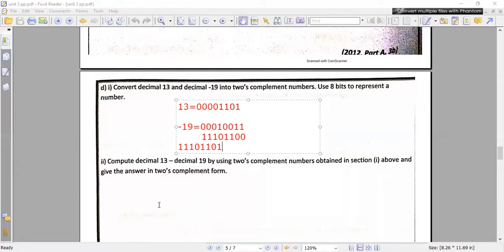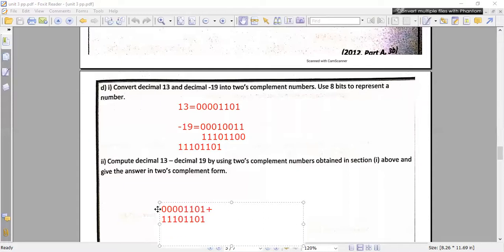Give the answer in 2's complement form. So what you can do is add them together. Plus we have found these, right? So add them together.